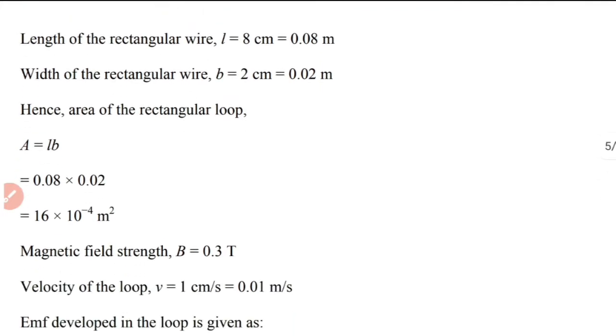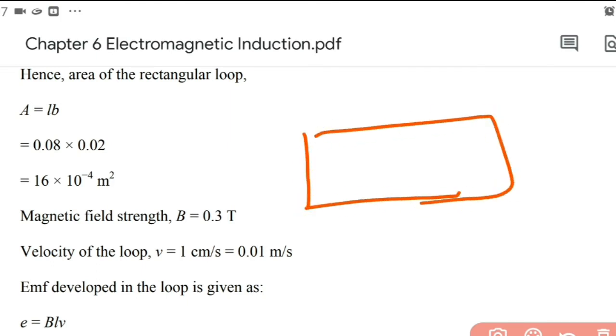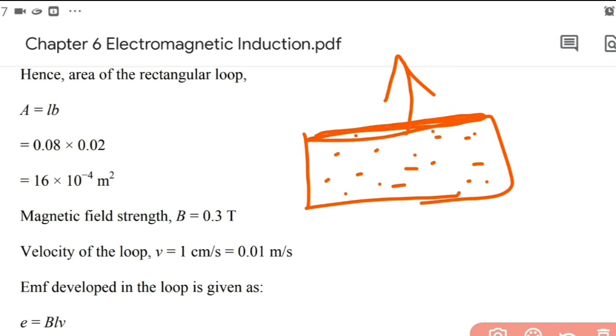On dragging the rectangular sheet, the induced EMF produced will be as follows. We can see that the field, which I am showing with the dot, is perpendicular to the plane of the loop. When it is dragged in this manner, the EMF will be induced along the longer sides, and when it is dragged in this way, the induced EMF will be produced in the shorter side.